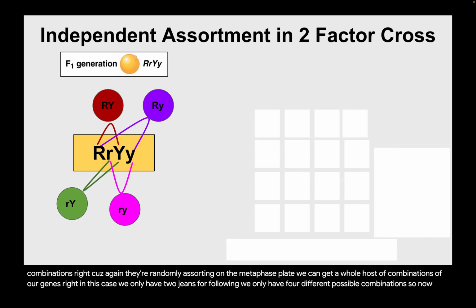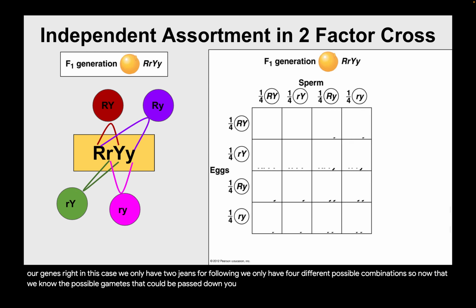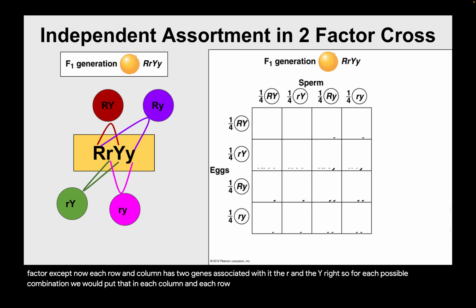So now that we know the possible gametes that could be passed down, we have to put them along the side. Very similar to how we did the one-factor cross, except now each row and column has 2 genes associated with it, the R and the Y. For each possible combination, we put that in each column and each row.